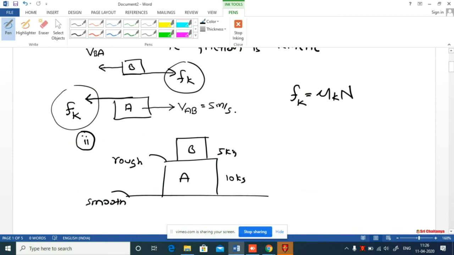And now let us say that the velocity of B is 5 meter per second and the velocity of A is also 5 meter per second. And now imagine that there are some forces acting on it. Maybe I'll change color so that we can see the forces separately. So let us say that there is a force of 10 Newton acting on B, no such force acting on A.